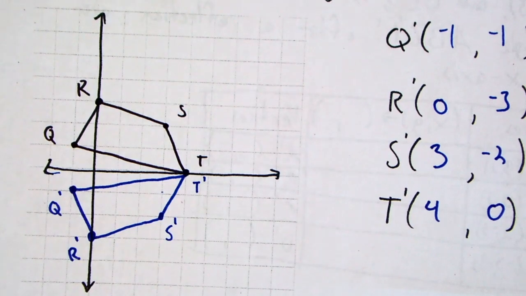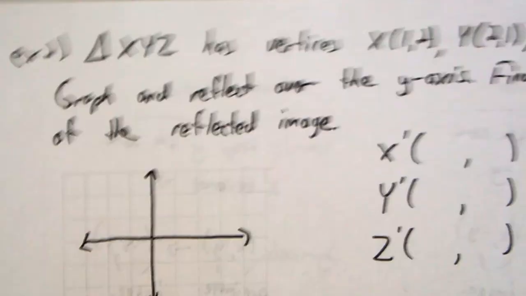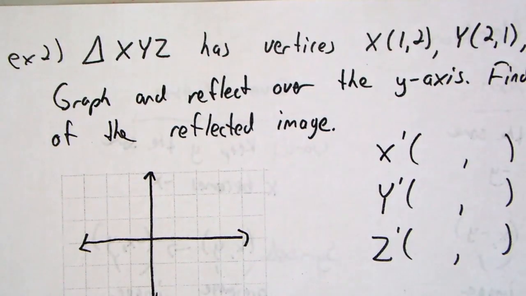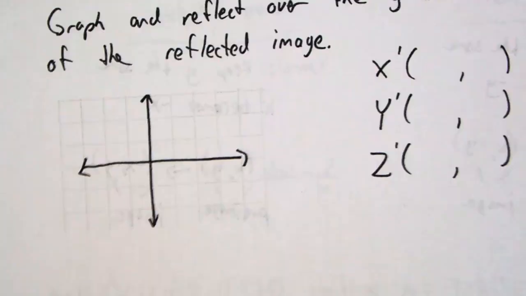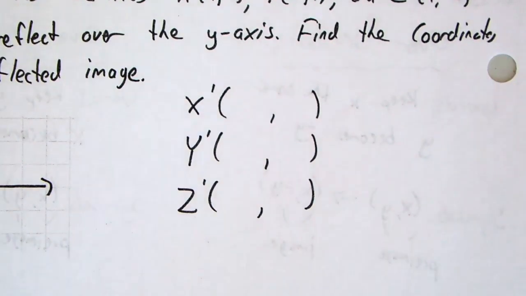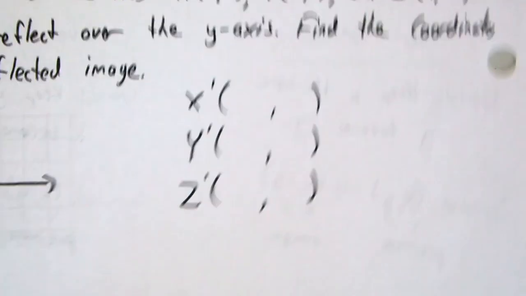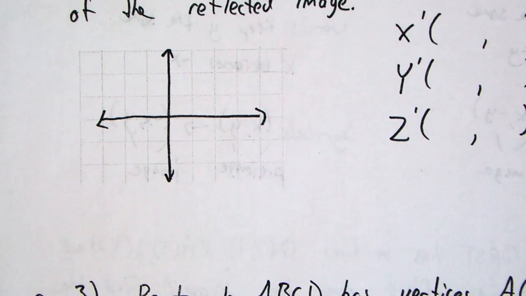All right, let's look at another example here then. We have example 2. It says triangle XYZ has vertices of X at 1, 2, Y at 2, 1, and Z at 1, negative 2. It says graph and reflect over the y-axis and then give the coordinates of the new reflected image.